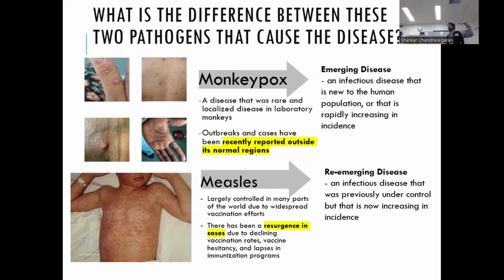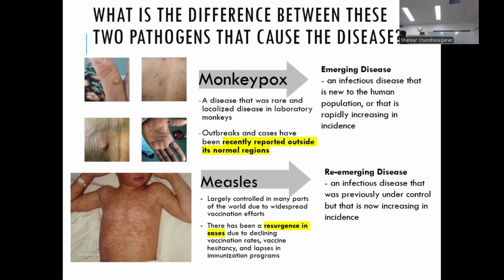It's becoming more mentioned, and it's also definitely popping up in places where it normally wasn't found. That's the key thing here, right? That's why it's considered emerging. Whereas re-emerging is talking about a disease that has already had a foothold, but went down in incidence, and then caused a resurgence of cases later on due to some other factors, right?